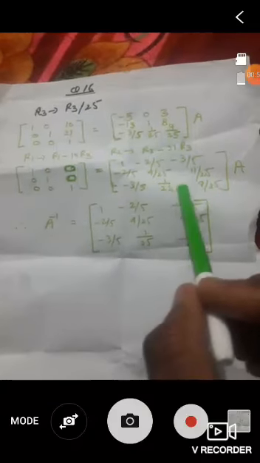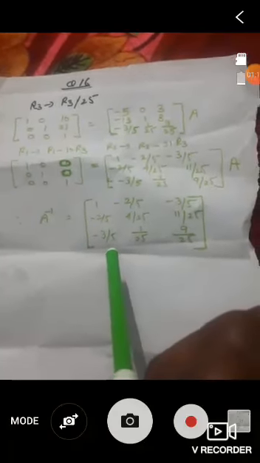By the definition of invertible matrix, I will get the required inverse of A whose elements are: first row 1, minus 2 by 5, minus 3 by 5; second row minus 2 by 5, 4 by 25, 11 by 25; third row minus 3 by 5, 1 by 25 and 9 by 25.